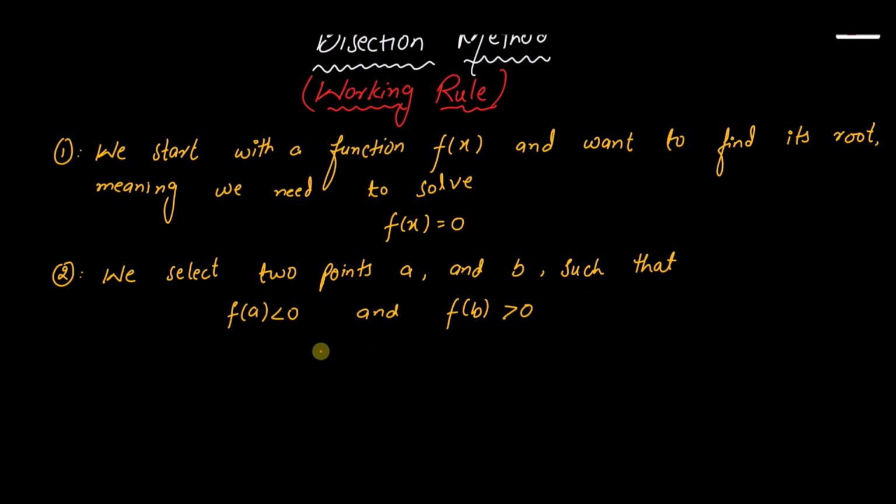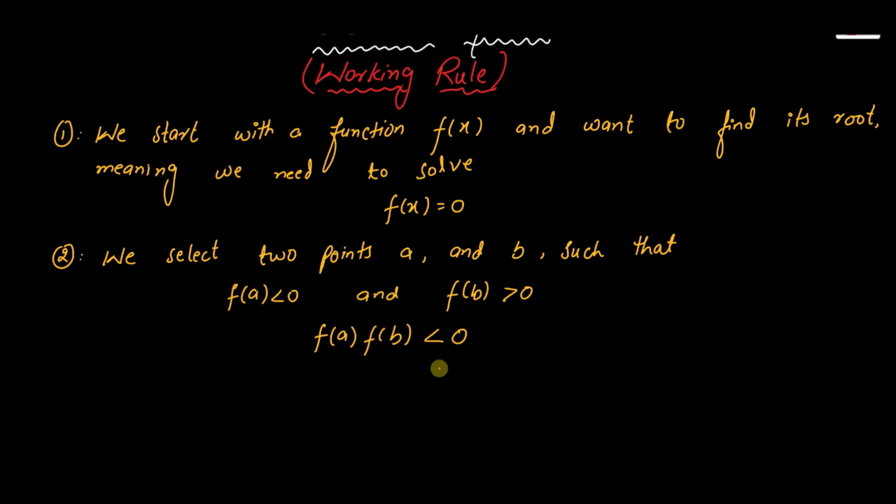Or we can say that f of A times f of B must be less than 0. This means that the function has opposite signs at A and B, which guarantees that a root lies between them. This is actually by the intermediate value theorem.